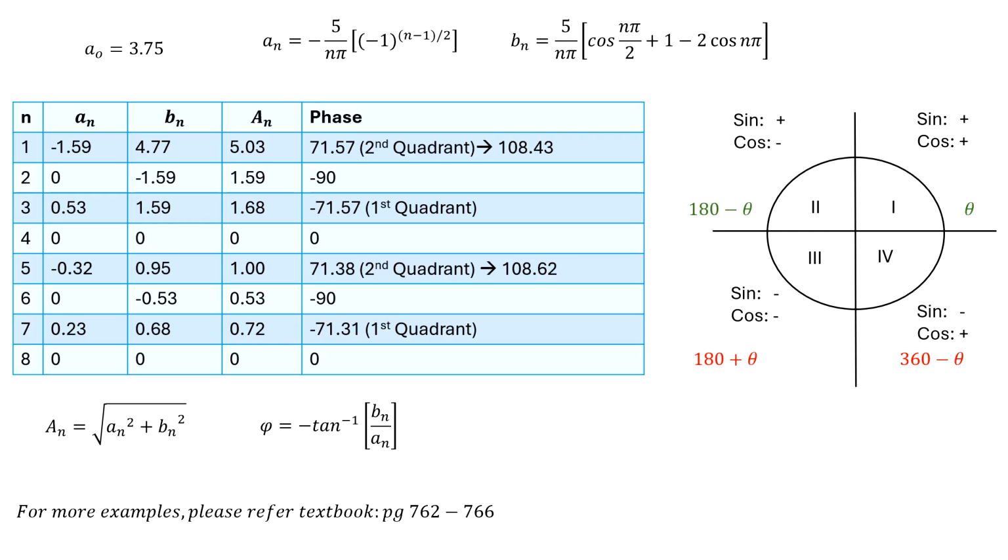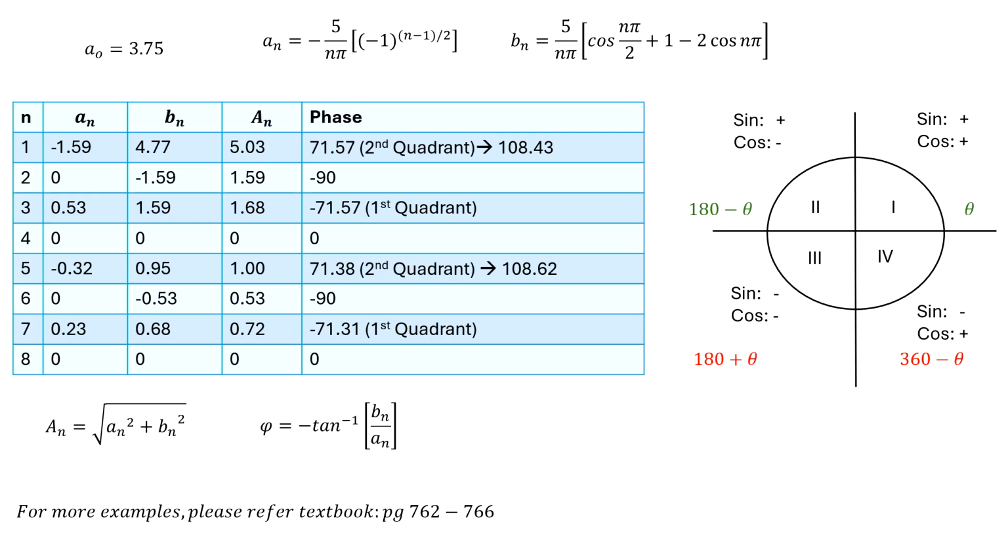you actually have to refer to the trigonometric functions. If you look at the drawing I did on the right side, we have the first quadrant, second quadrant, third quadrant, and fourth quadrant. So if we look at n equals 1 at the phase column here, initially the phase we got was 71.57, but we also have to refer to the quadrant rules.